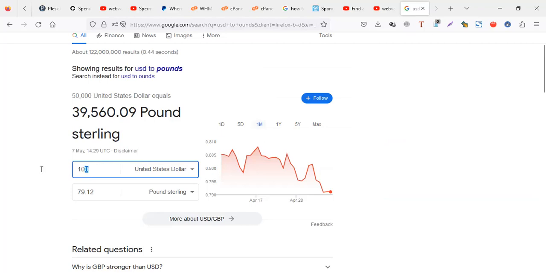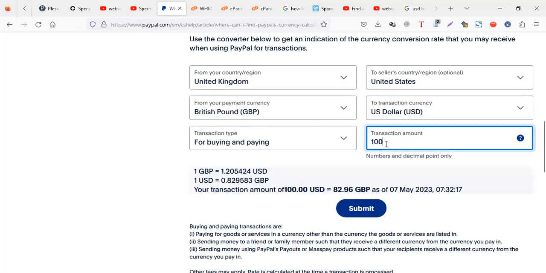So you will see you are already losing on the currency. $1 on Google averages 0.79. And on PayPal, $1 is equivalent to 0.8 British pounds. So this is a low rate.